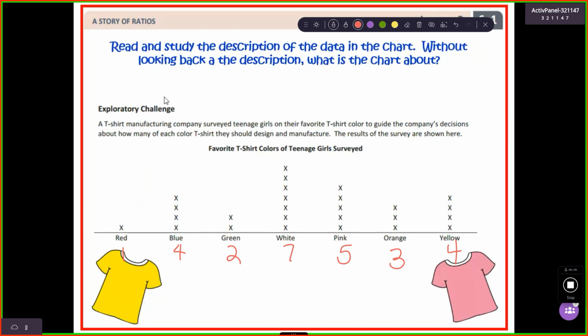You learned about that in 2nd grade. It tells you how much each little X is worth. So did it say the X is worth anything here? No, so we would assume it's worth what? 1. So we have 1 red, 4 blue, 2 green, 7 white, 5 pink, 3 orange, 4 yellow. Y'all do have that written down, right? Yes, ma'am. Because when I go to the next one, I'm getting rid of that.